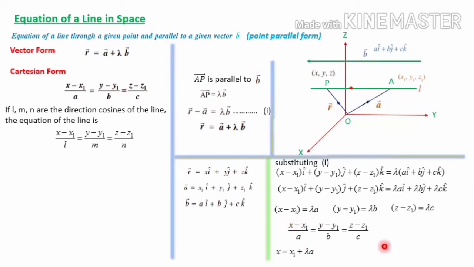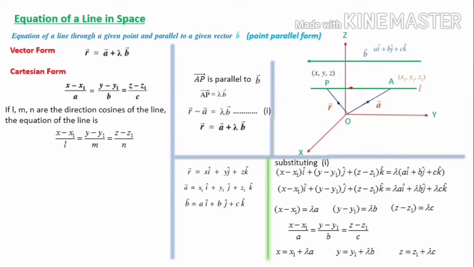From here we can derive one more formula, to keep in mind and use later while solving questions. The coordinates of the arbitrary point P, that is x, y and z, we can easily calculate. From x minus x1 by A is lambda, we get x equals x1 plus lambda A. Calculating y, it comes as y1 plus lambda B, bringing y1 to the right side.